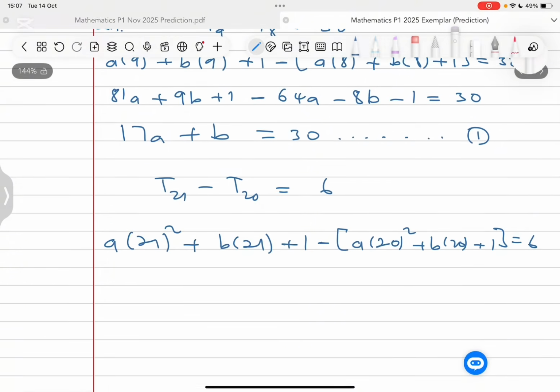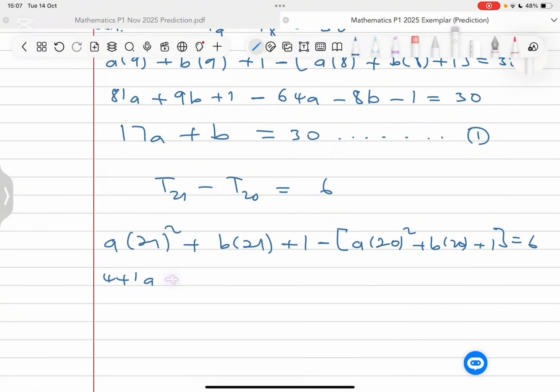Now from here, this question becomes very boring because we are going to do the arithmetic that we are used to from grade 7, where we just square, group terms that are the same and all that. Very boring stuff. So now if we look at this, 21 squared should give us 441, and we multiply by a is 441a.